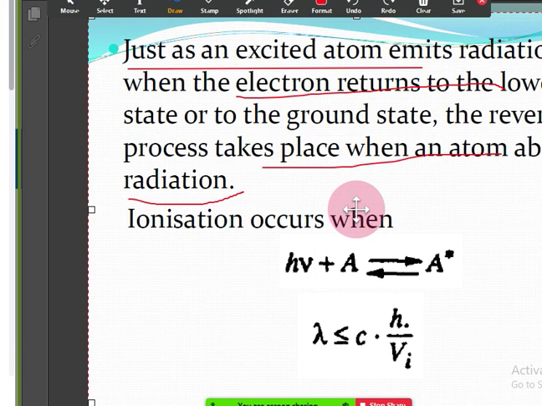You can see that in the equation. Look at this equation. Ionization occurs when hν plus A gives rise to A star.